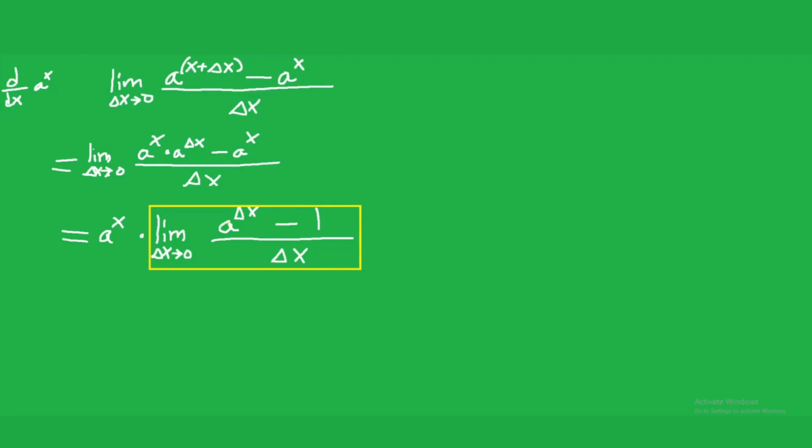If you think about it, ignore a to the x for now. The limit itself is equal to f prime of 0.